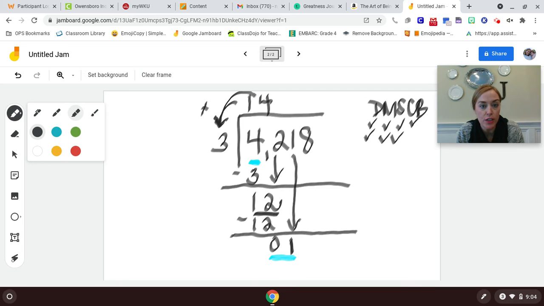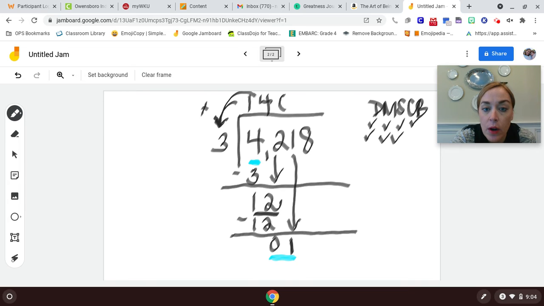So I'm not really sure what to do, right? So what I want to do is think about that place value chart. If I had just one disk in my tens place, I would not be able to distribute it and divide it into 3 groups, right? I would have to say that 3 cannot go into 1, okay?